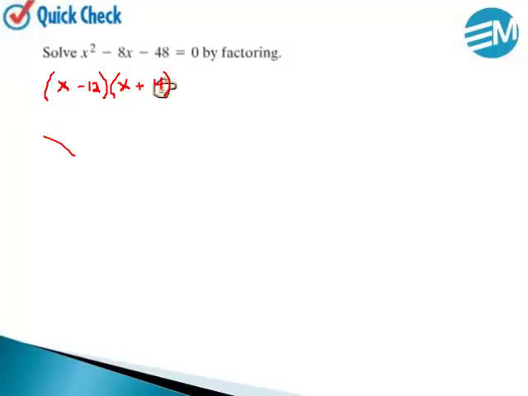Very good. So put it equal to 0. That's good. Keep going. Very good. You have got the values of x.